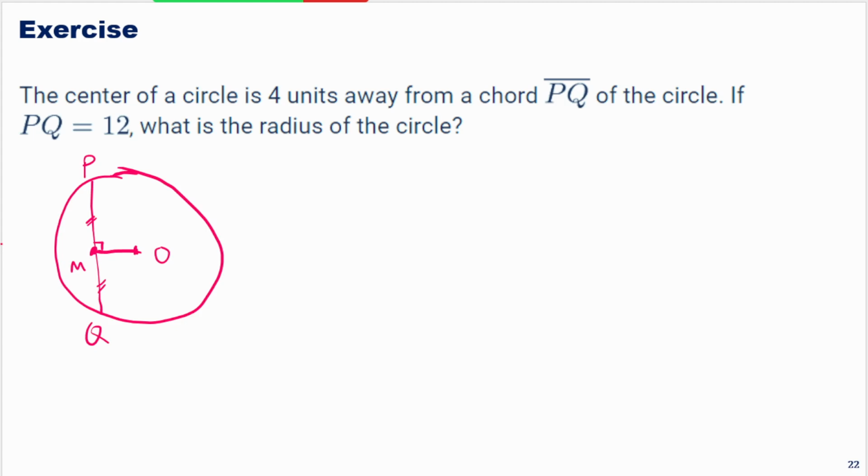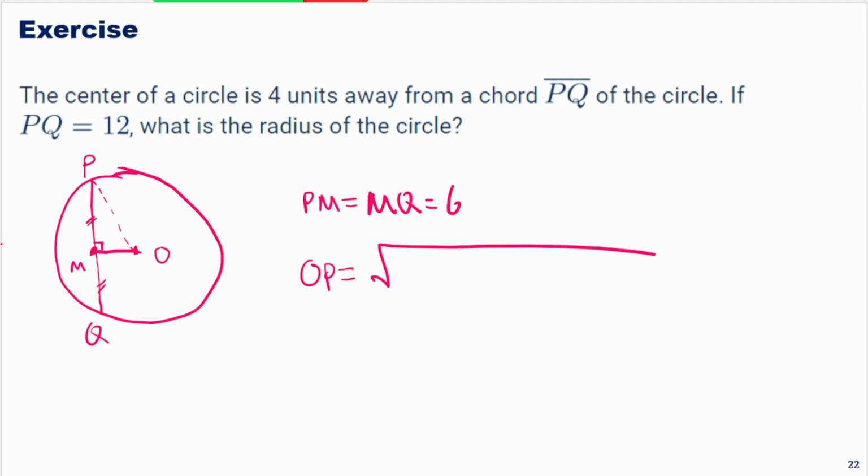Because OM is part of the radius that is perpendicular to chord PQ, OM bisects chord PQ, so we have PM equals MQ, which equals 6, because PQ equals 12. And then finally we can apply the Pythagorean theorem to triangle OPM. Again, connect PO. Then in that right triangle we have OP equals the square root of PM squared plus MO squared.